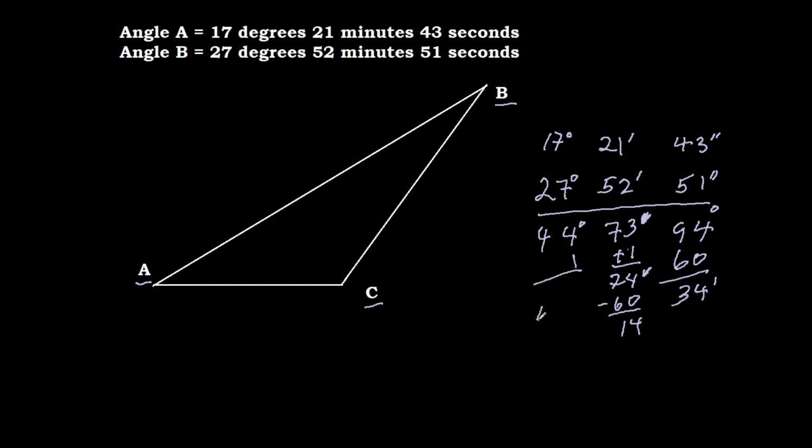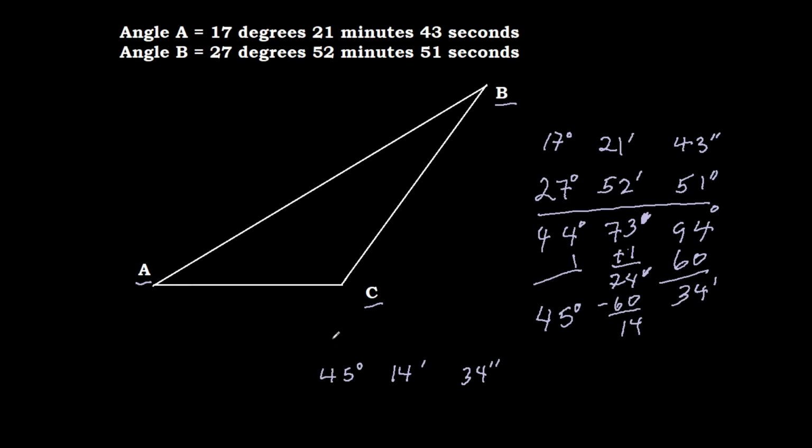So we have 45 degrees. These two, A and B together, equal 45 degrees, 14 minutes, 34 seconds. Now if we subtract that from 180 degrees, that'll give us what angle C is.